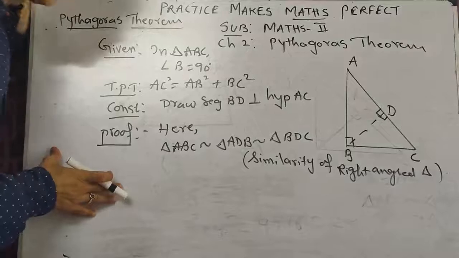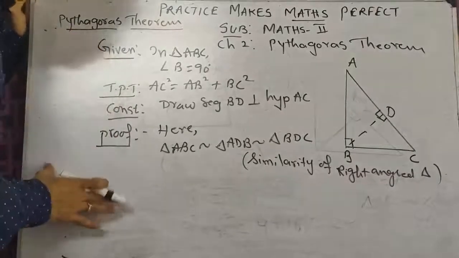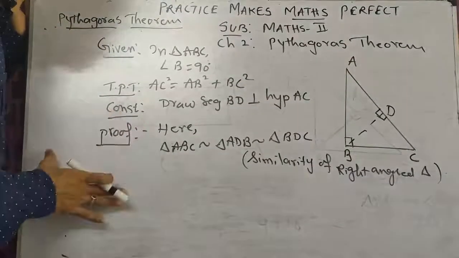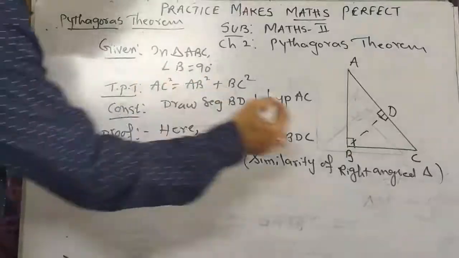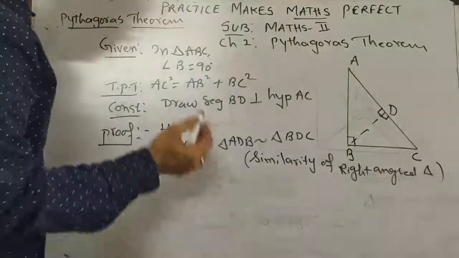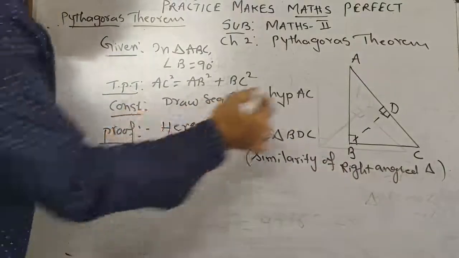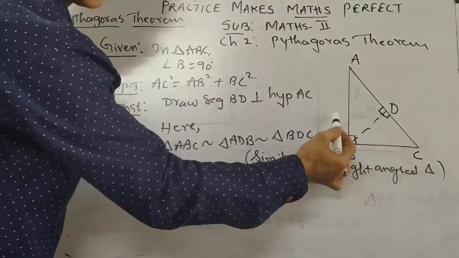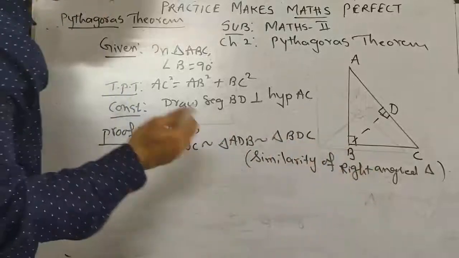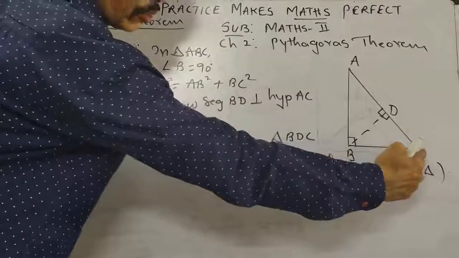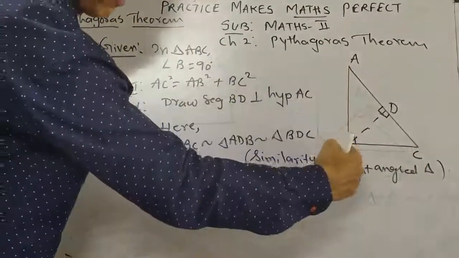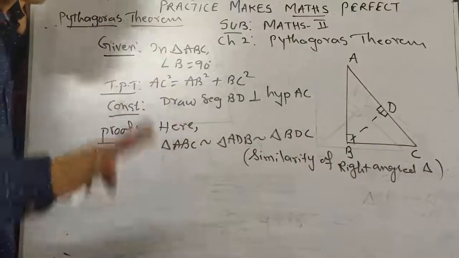Okay, now we are going to study how to solve this theorem. It is given in triangle ABC, angle B is 90. All of you know Pythagoras theorem: hypotenuse square is equal to one side square plus other side square, means AC square is equal to AB square plus BC square. This we have to prove.